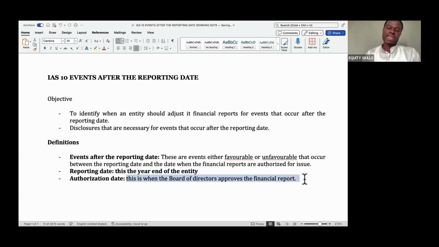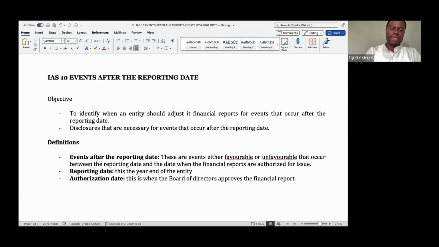So whatever events that occur between that reporting date and the date where the reports are authorized for issue, that is the coverage of IAS 10. That is what we call events after the reporting dates.